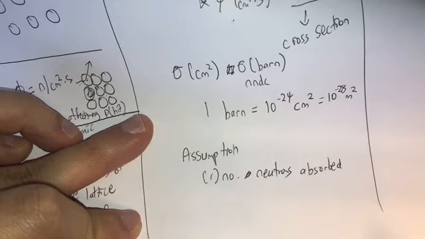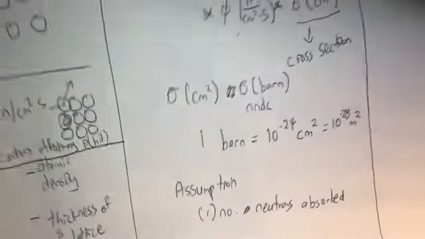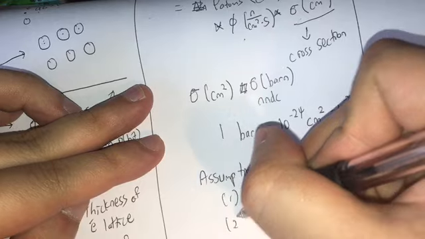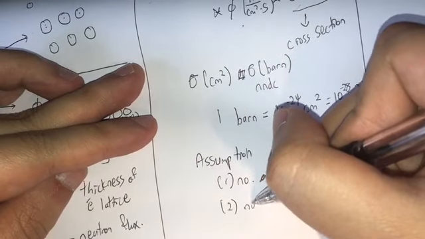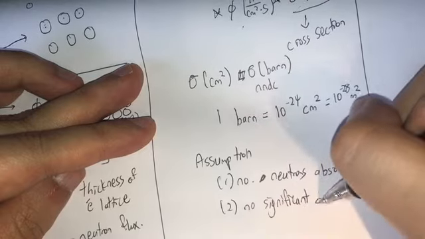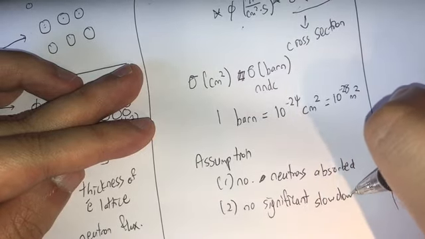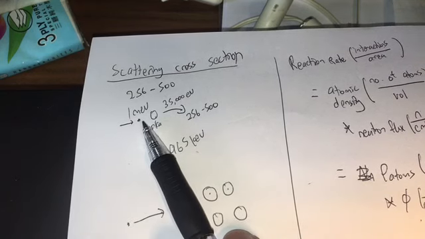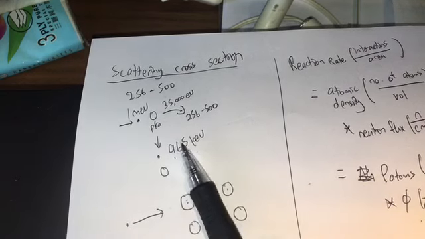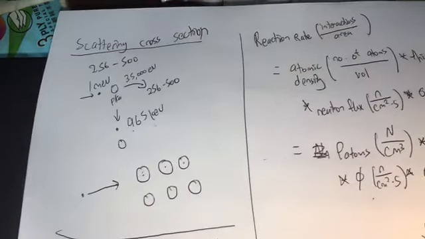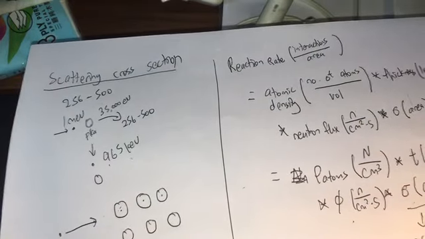Yeah, the assumption is that no neutrons are absorbed. And number two, no significant slowdown. Now, of course, is that true? For this case, you can see that 1 MeV, which is 1000 kilo electron volts, and 965 kilo electron volts is a pretty similar number.